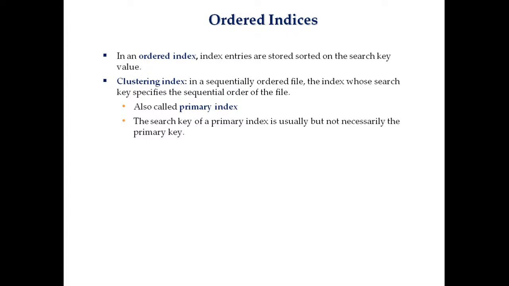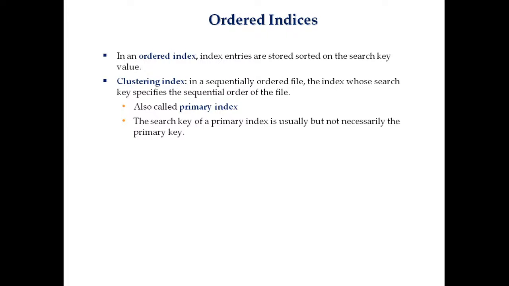Next is the clustering index. In a clustering index, there is some sequential structure, meaning the index file is sequentially connected in an order, and in each of the indexes, the search key specifies the sequential order of the file.